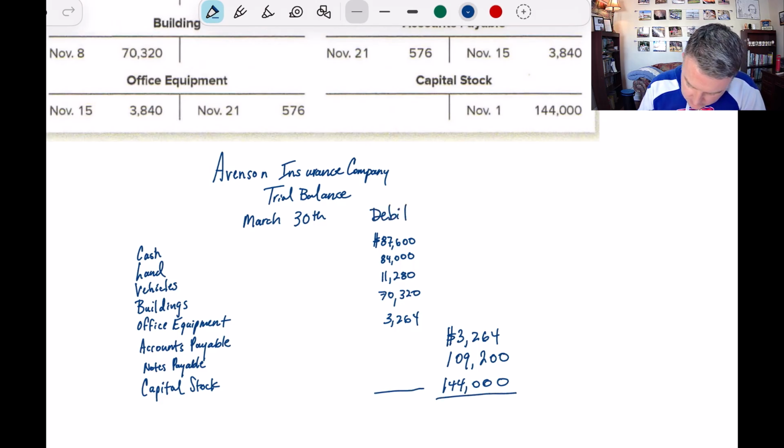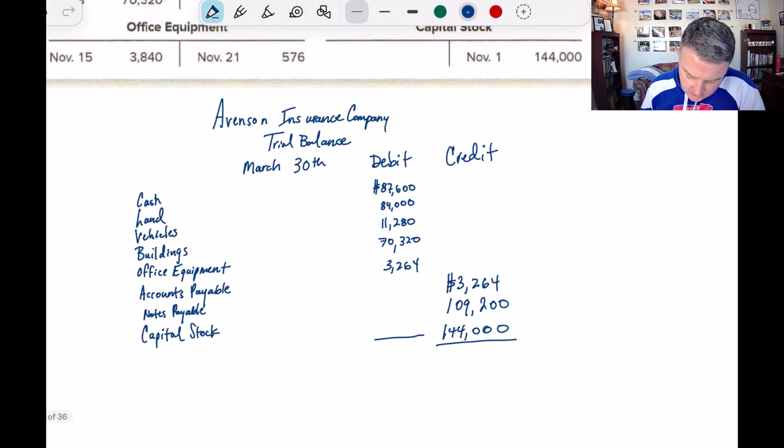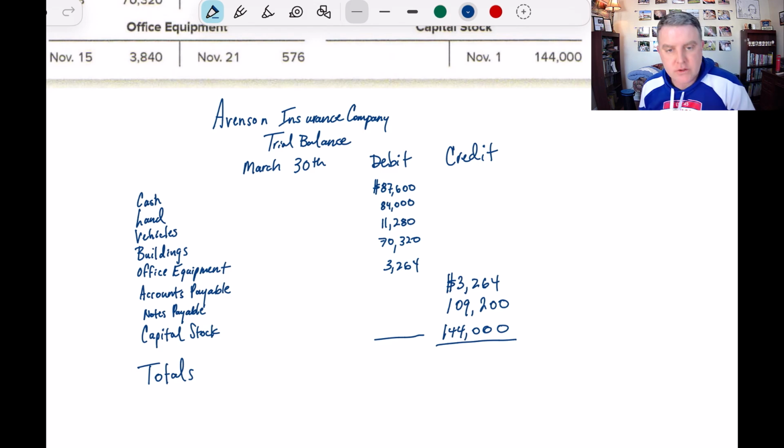Okay, and so if we did this correctly, what should happen is if we total up the debit column and the credit column here, they should balance out. They should equal each other. And let's see if that's the case, right? So debits, I'm going to say 87,600 plus 84,000 plus 11,280 plus 70,320 plus 3,264.